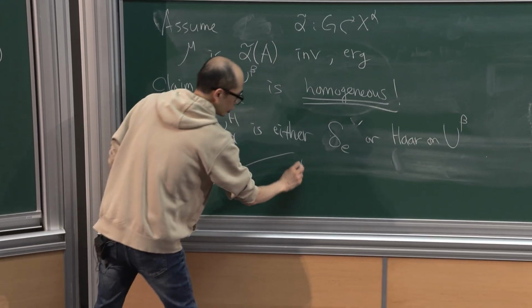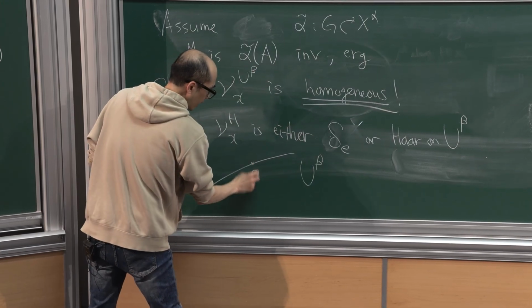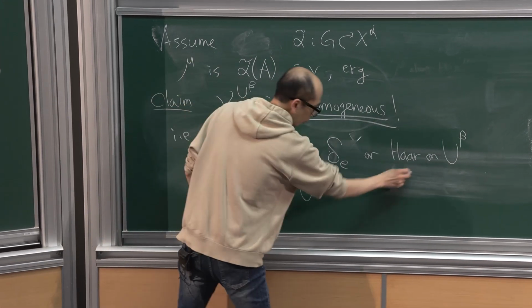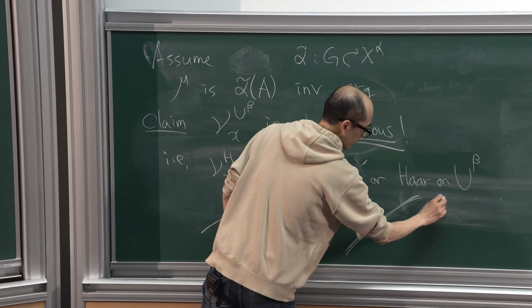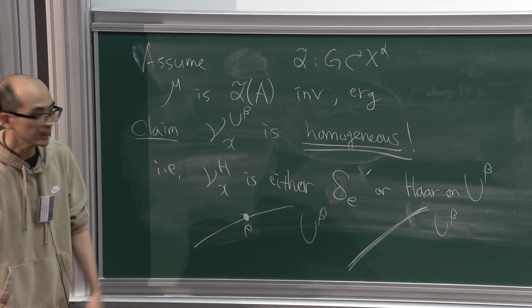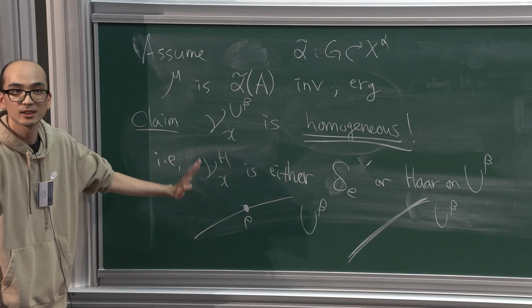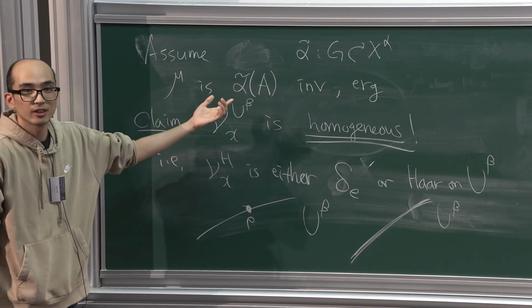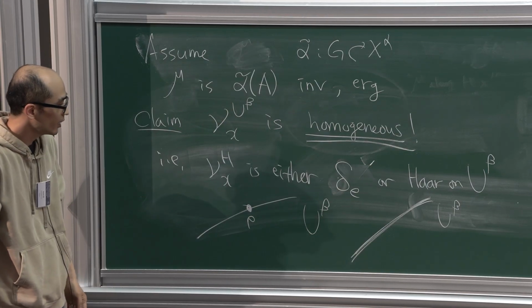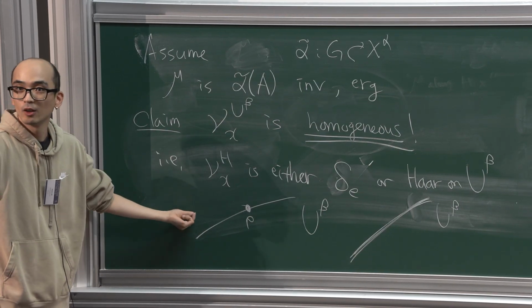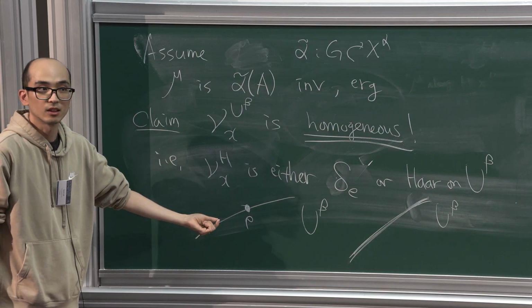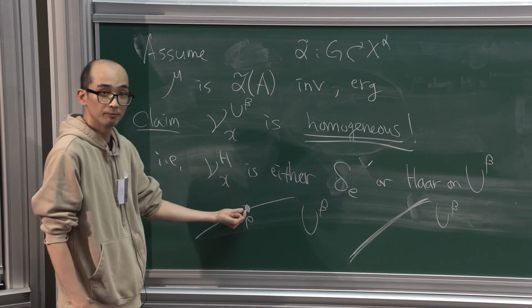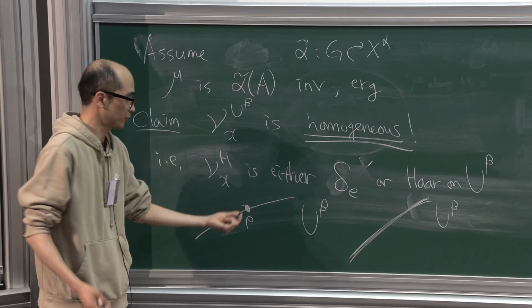So your measure on U beta should be either Dirac delta mass on here, or it is a very nice measure on U beta. This is a priori very surprising, because I choose an arbitrary measure that is ergodic under alpha tilde of A, but now I can cook up the homogeneous structure on the leaf for this measure. The point is homogeneous for me.